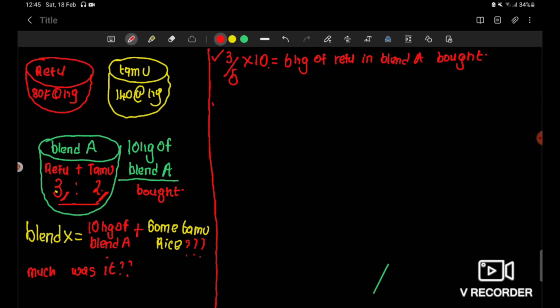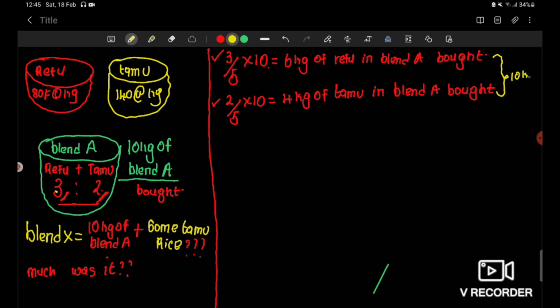We'll just say 2/5 times 10, which will be equal to 4 kg of tamu in blend A bought. And remember, the blend A bought by the retailer was 10 kgs. That is why if you do 6 plus 4, you'll get 10 kgs.